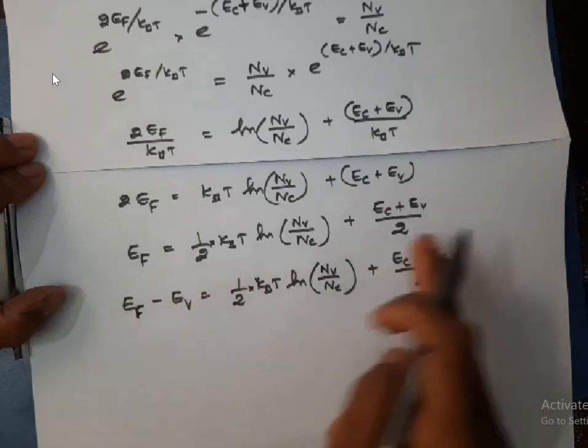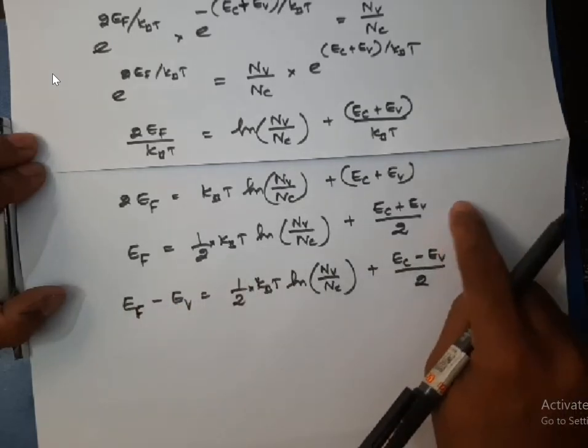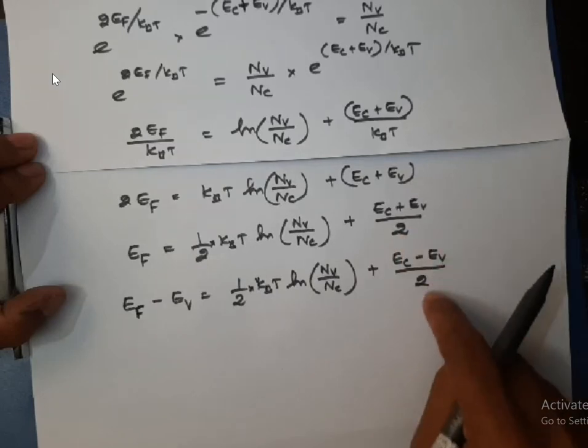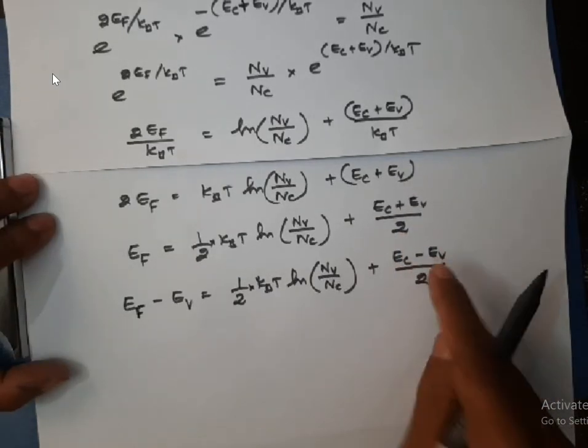I'm subtracting both sides by EV, so I'll get EV by half minus EV, which is minus EV by half. EC minus EV is EG.